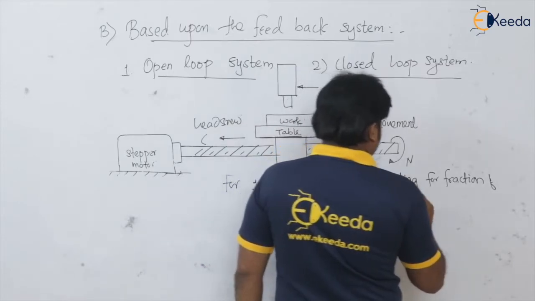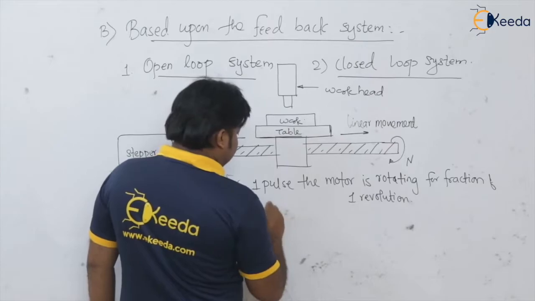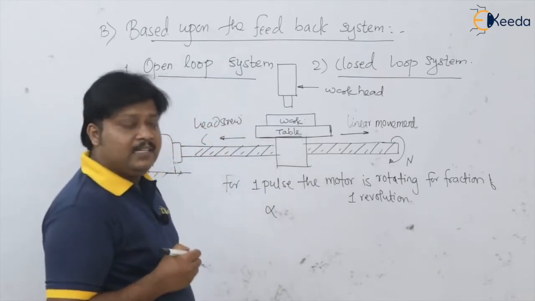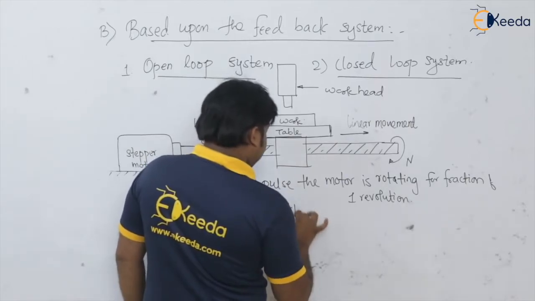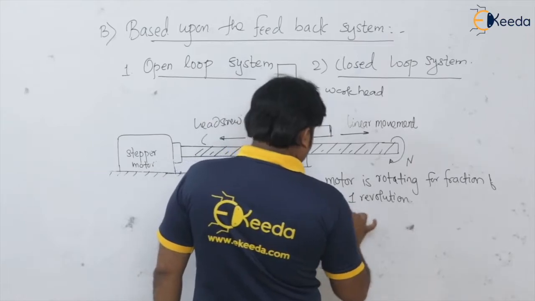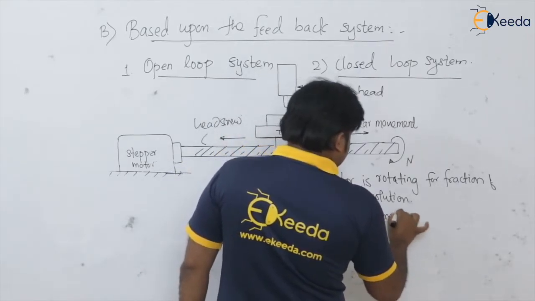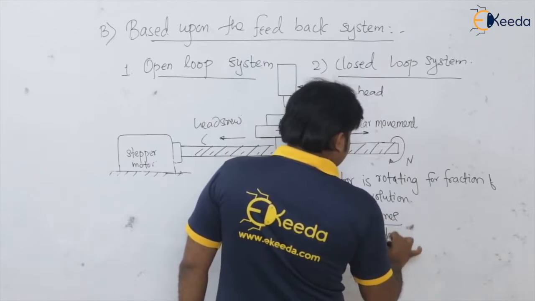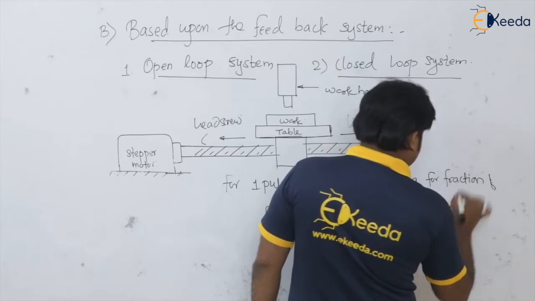One revolution. Then say alpha is the step angle in degrees per pulse, which is equal to 360 divided by ns.